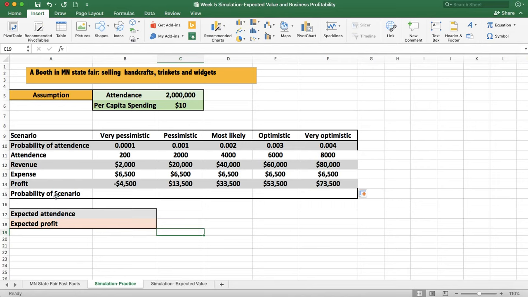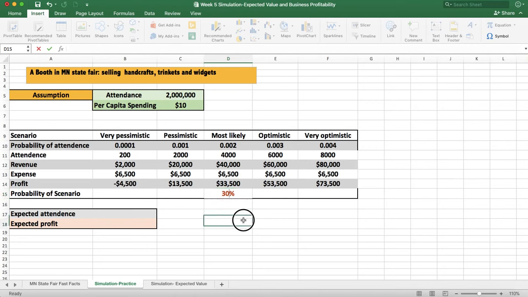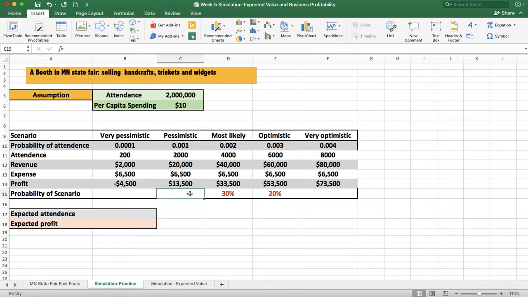So, what is the probability of each scenario? Most likely, we assign 30%, and optimistic 20%. Pessimistic 20%.